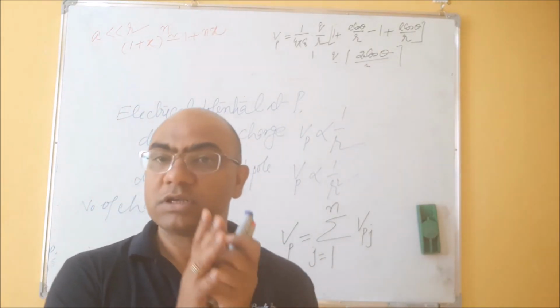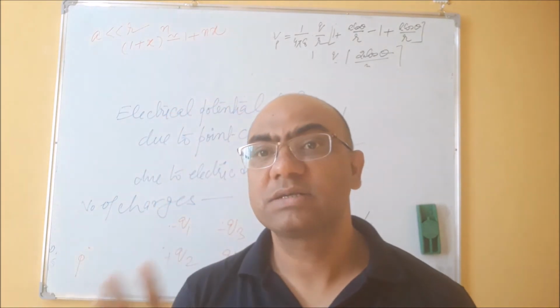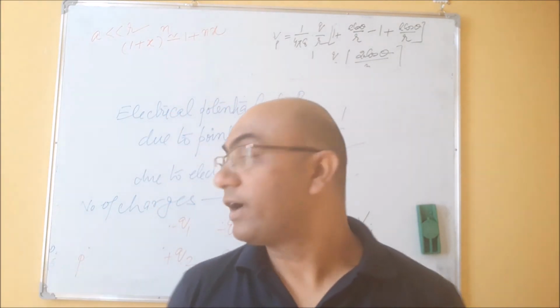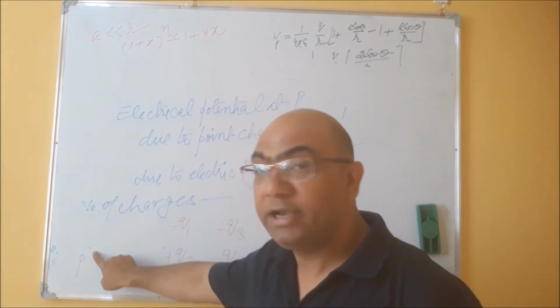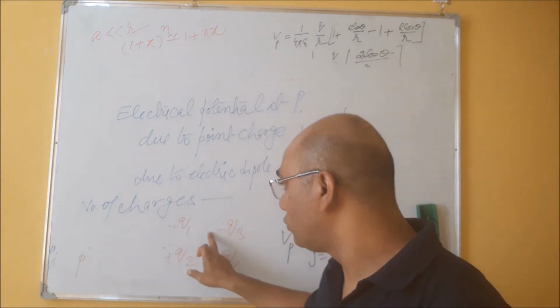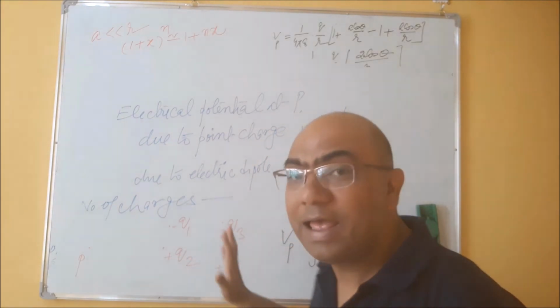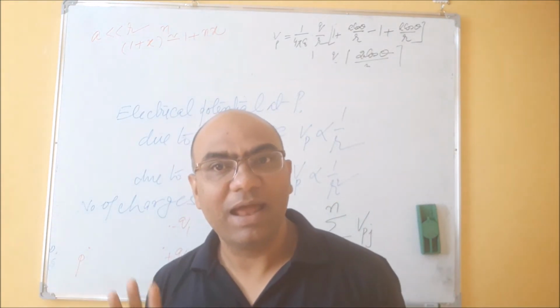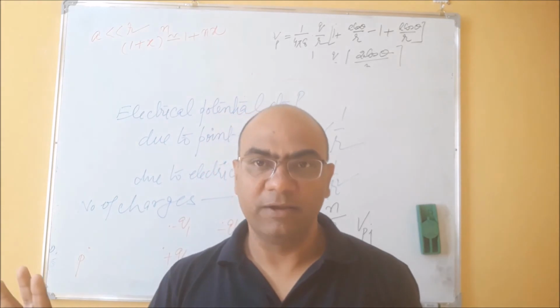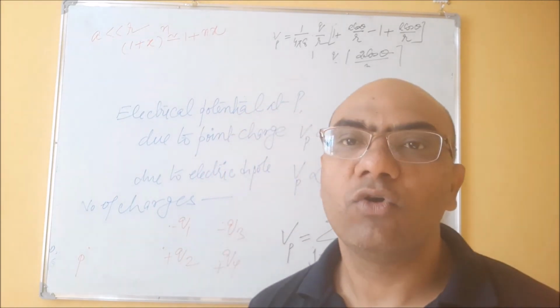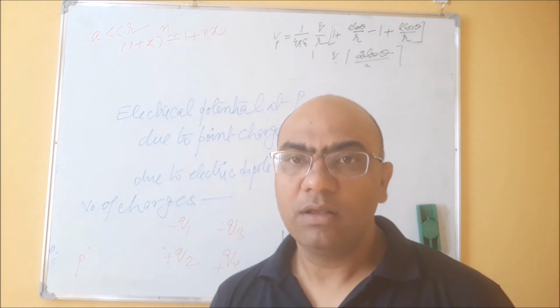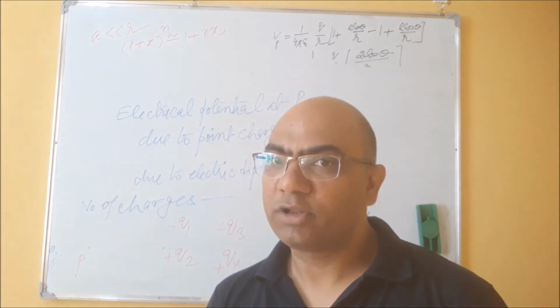Since potential is a scalar quantity, we will find the value of potential at point P due to 1, due to 2, due to 3, due to 4, and we will add them algebraically.